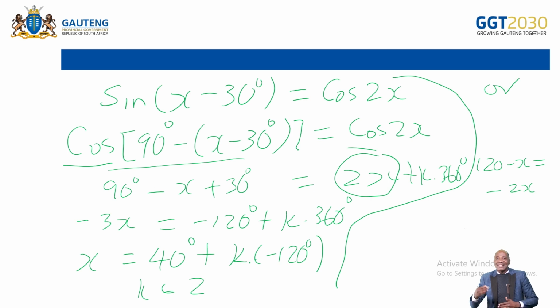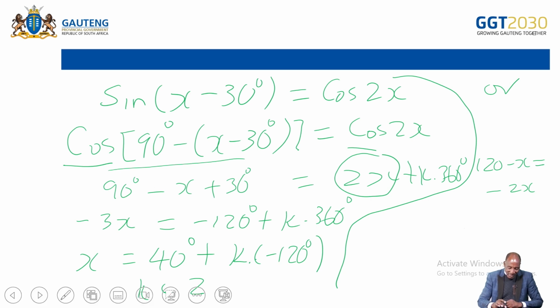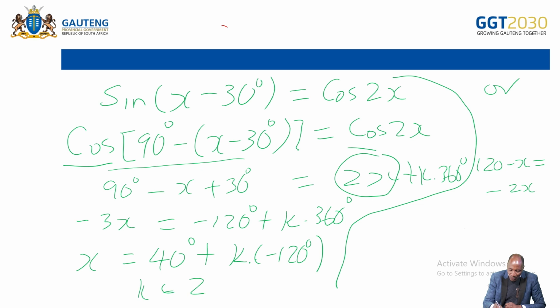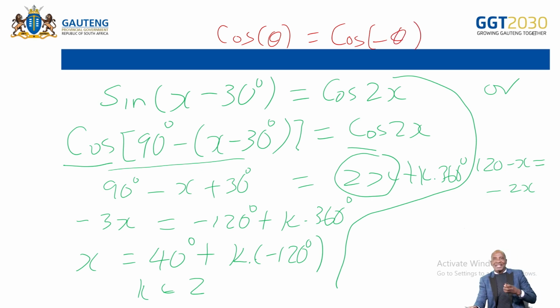Instead of saying 360 minus 2x to go to the fourth quadrant, we can as well remember that cos of a negative angle is the same as cos of the positive angle. This is what I'm referring to. If I say cos of theta is the same as cos of negative theta, I'm taking advantage of that. Cos of a negative angle is the same as cos of that same angle.